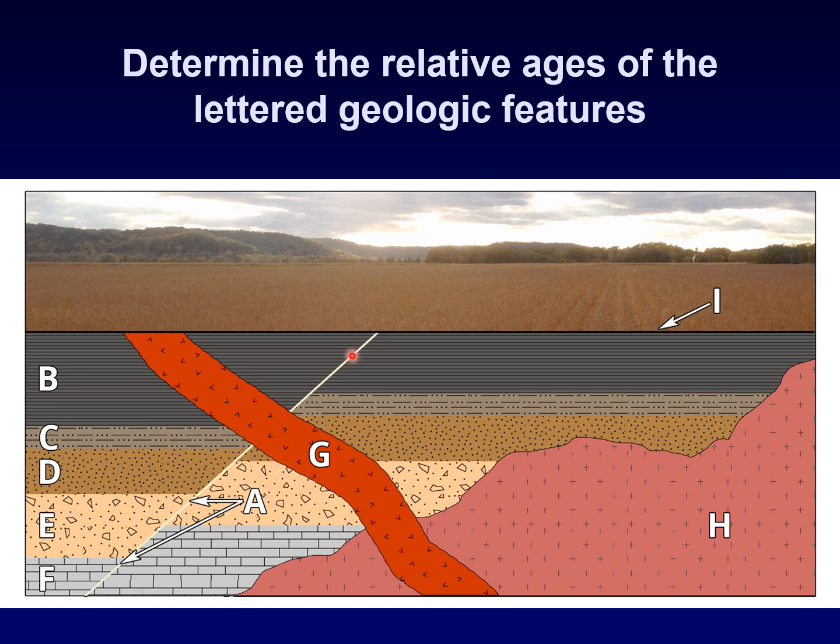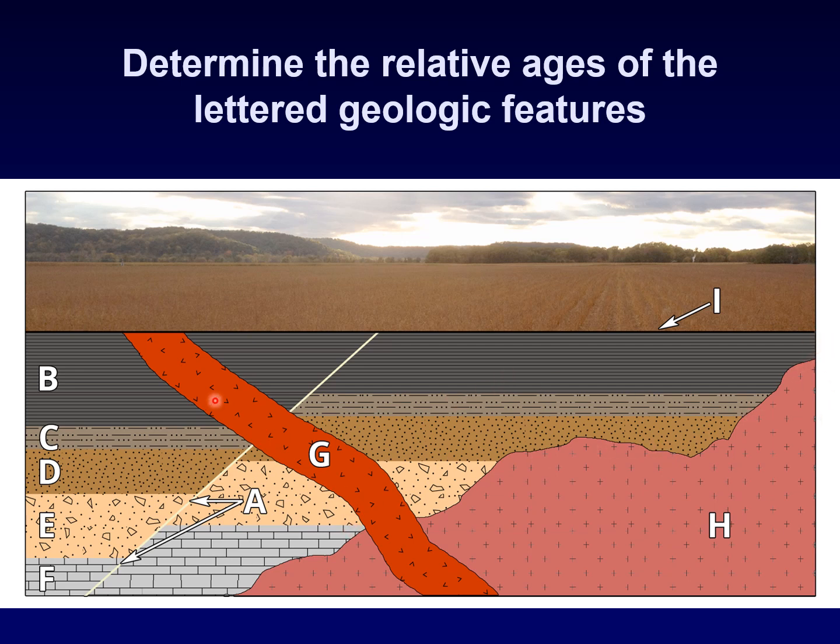Then, so A happened, faulting that. Then we see G and H down here, and they don't cut above this line. So we're going to stop now and figure out what came first, G or H. So what do you think? Well, H cuts across F, E, D, C, and B, right?